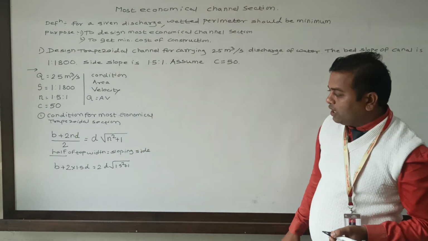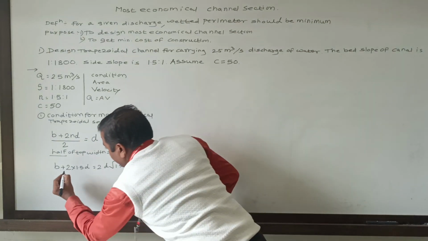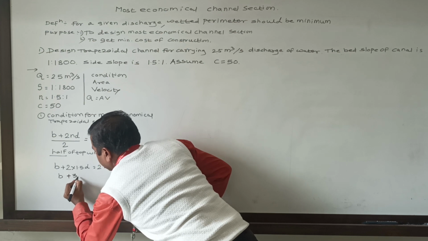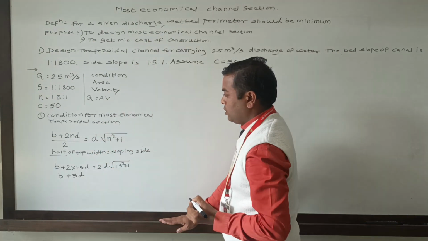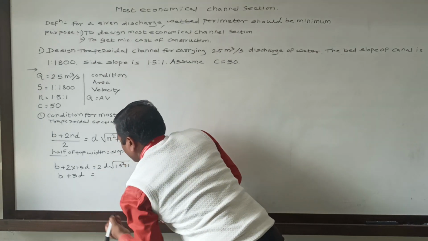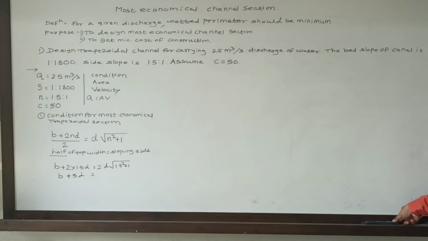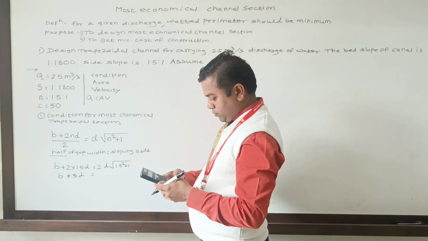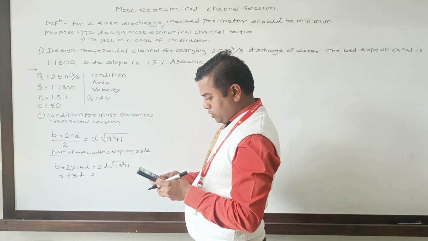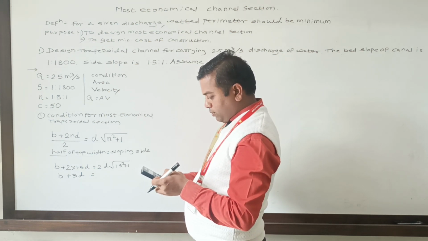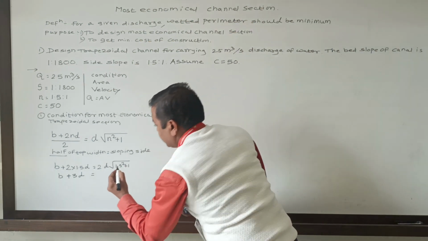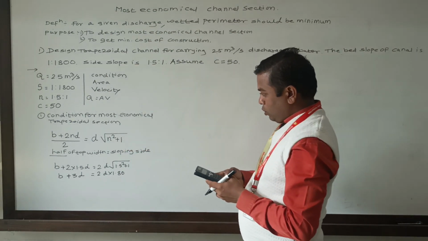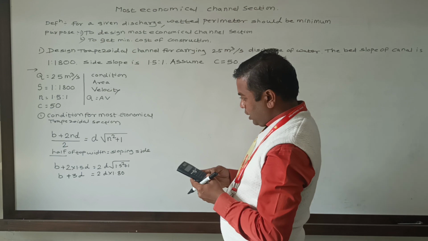We simplify the equation and write it in terms of B and D. B plus 3D is equal to, we calculate: 1.5 square plus 1, square root of this is 1.8. So that is 2D into 1.80. So you will get the value of B.